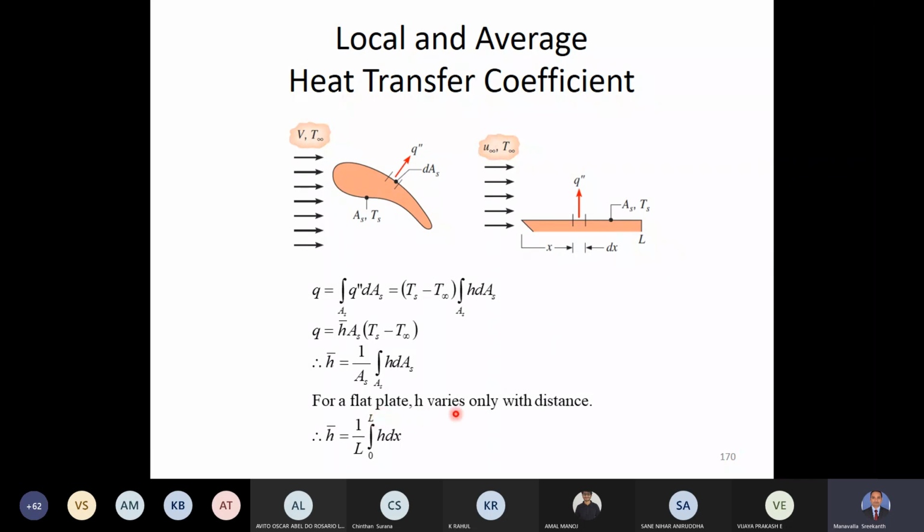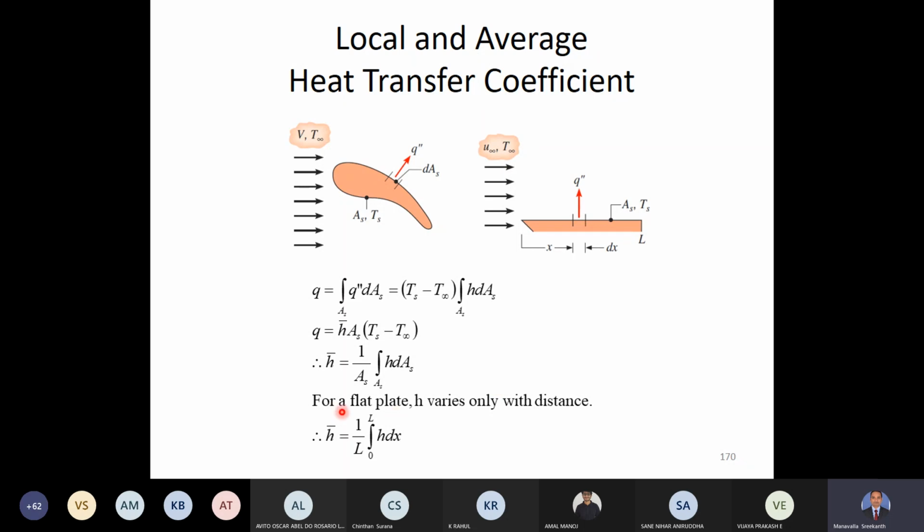So for a flat plate, h varies only with the distance, and therefore the average heat transfer coefficient can be written as, in place of area, we write length: 1 by L integral 0 to L h dx. h is as it is. dA_s is simplified as dx because dA_s is actually the width multiplied by dx. That gives the differential area. So that width is common in the area and also in this term. Therefore, it has been ignored, especially for the flat plate.